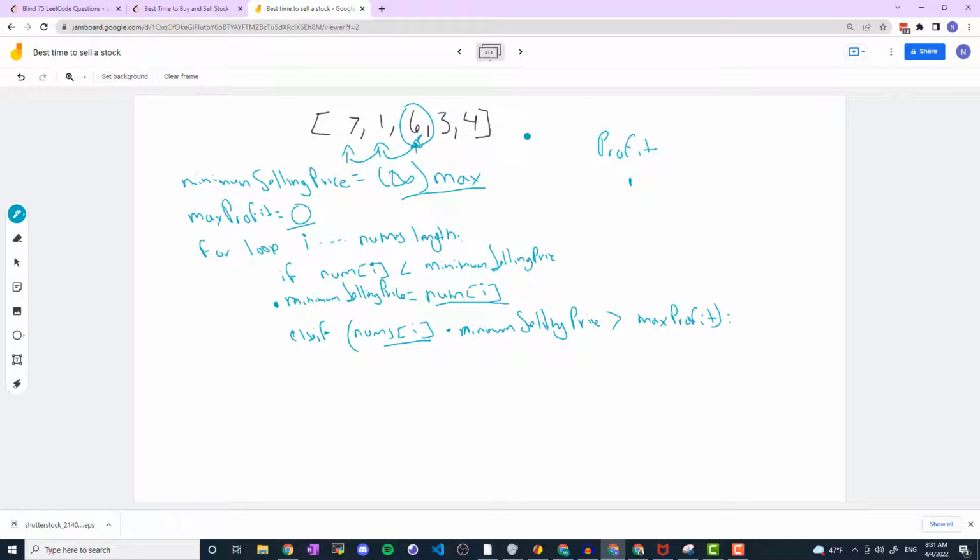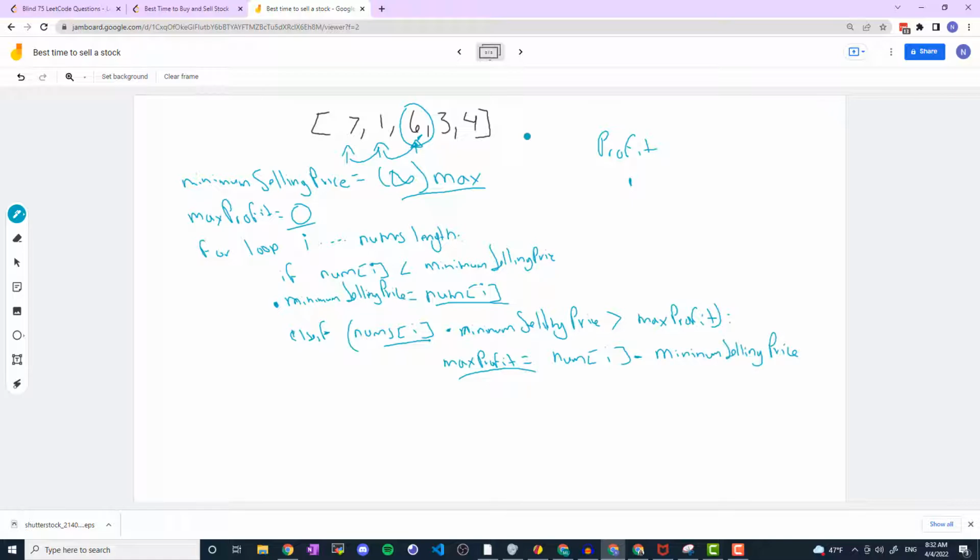So in this case, we have to update the max profit variable. So we have to put this variable with a value of the current price minus the minimum selling price.